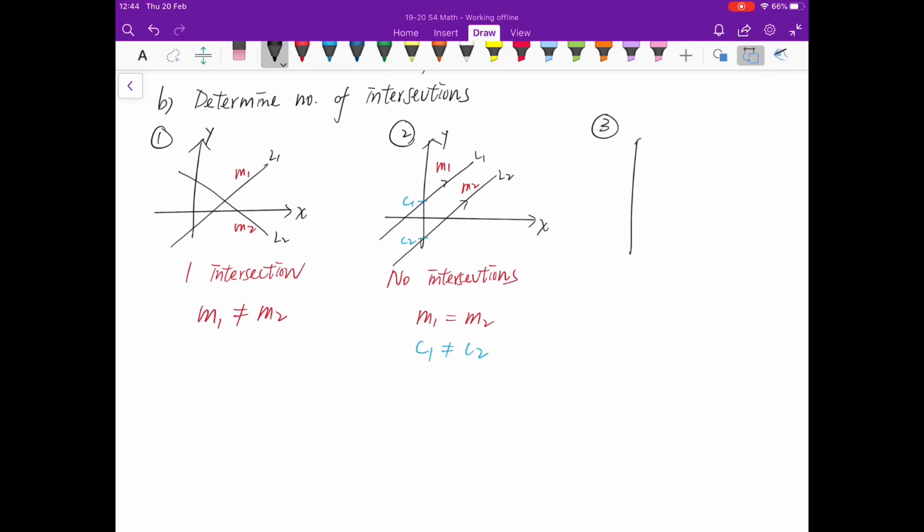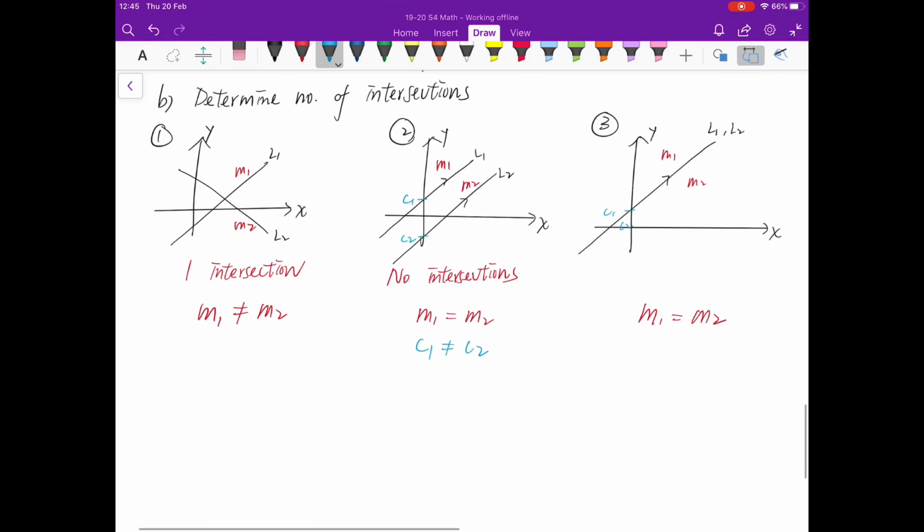And finally, for the third case, that is one line, the two lines overlapping with each other. We know that these two lines are parallel to each other, so m1 equals m2. And when we consider the y-intercepts, they are still the same.